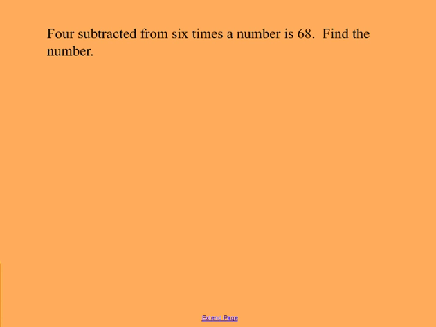Four subtracted from 6 times a number is 68. Find the number. So we have 4 subtracted from 6 times a number. So 6 times a number will be 6x. We're subtracting 4 from that, so minus 4 is, once again, means equals 68.